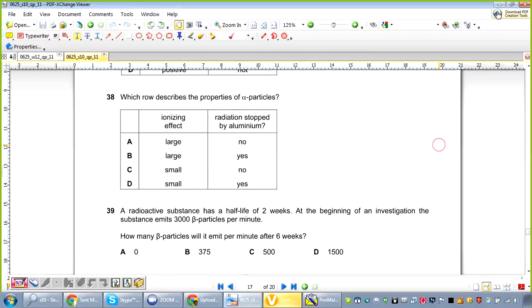Sheets of paper can stop it, yes. Aluminium will not be able to stop it; it will pass through aluminium. Sorry, it'll be yes, correct? So the option is B over here.